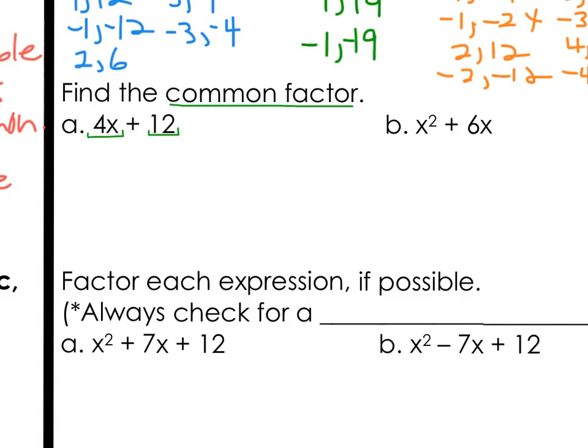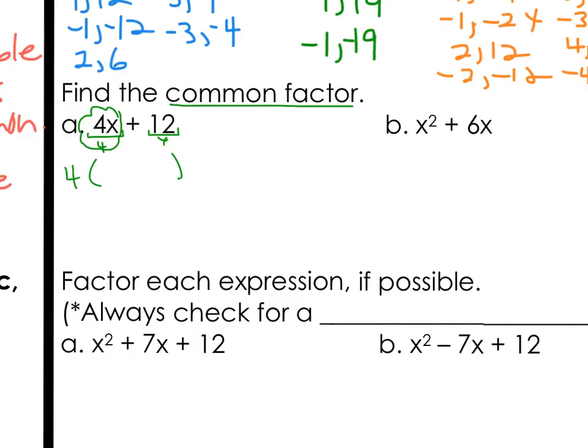Well, I know that the numbers 4 and 12, the biggest common factor is 4. So if I take 4 out of both of them, it's like we're dividing. But I'm not going to have 4 go away. I'm going to place it out in front of the expression and then use this kind of division rule to see what would be left over from that original expression.